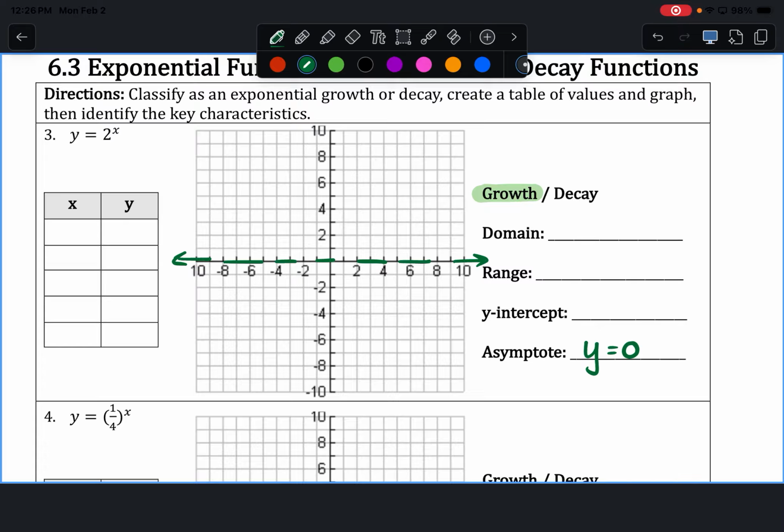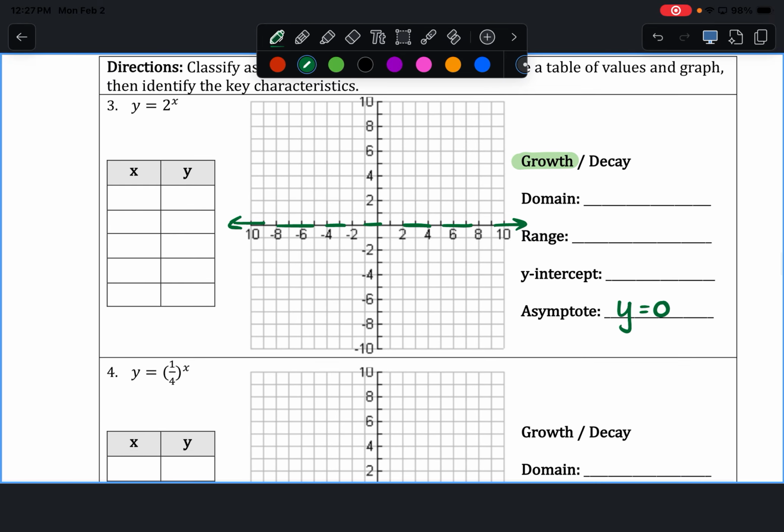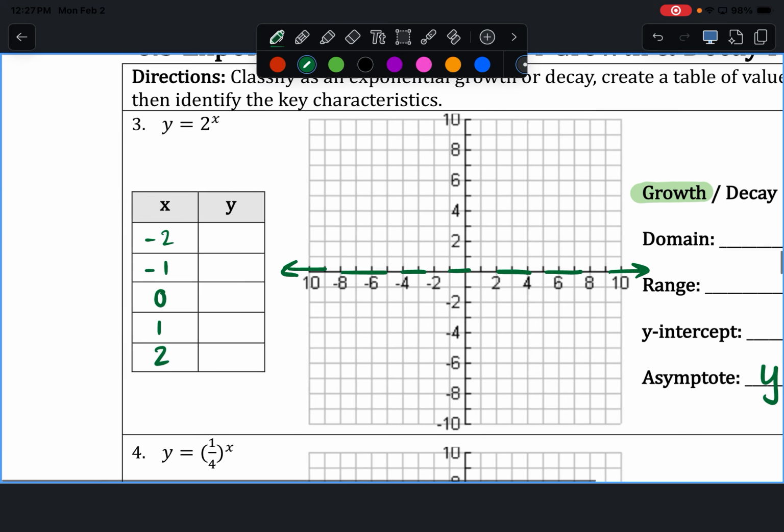Now, we're going to look at a table of values to do this. I'm going to show you 2 different ways we can do the table of values. First, we are going to look at all of these tables of values from -2 to 2. The reason is that it gives us a pretty good picture of what is happening for the whole graph to let us sketch it out. If you want to go the plug-in route, you take your function and you go 2 to the power of -2.